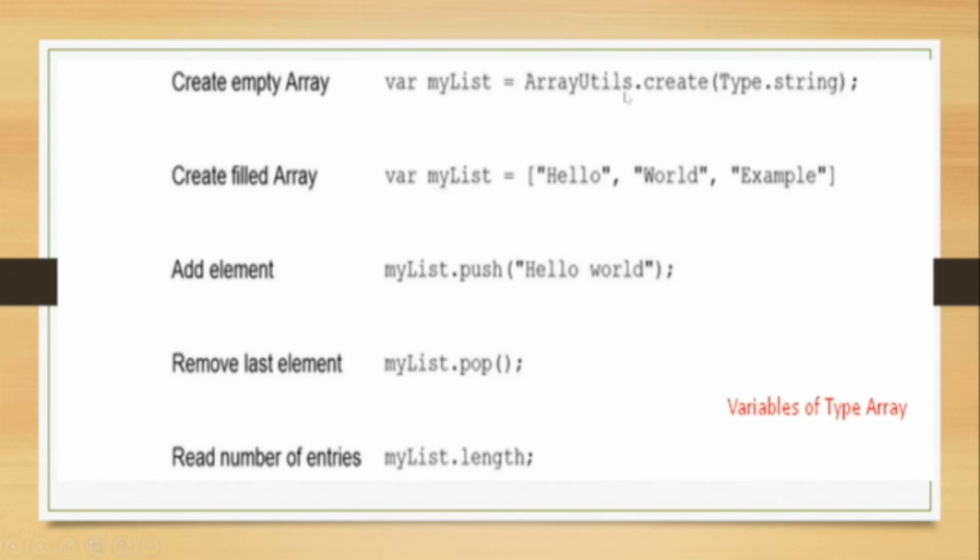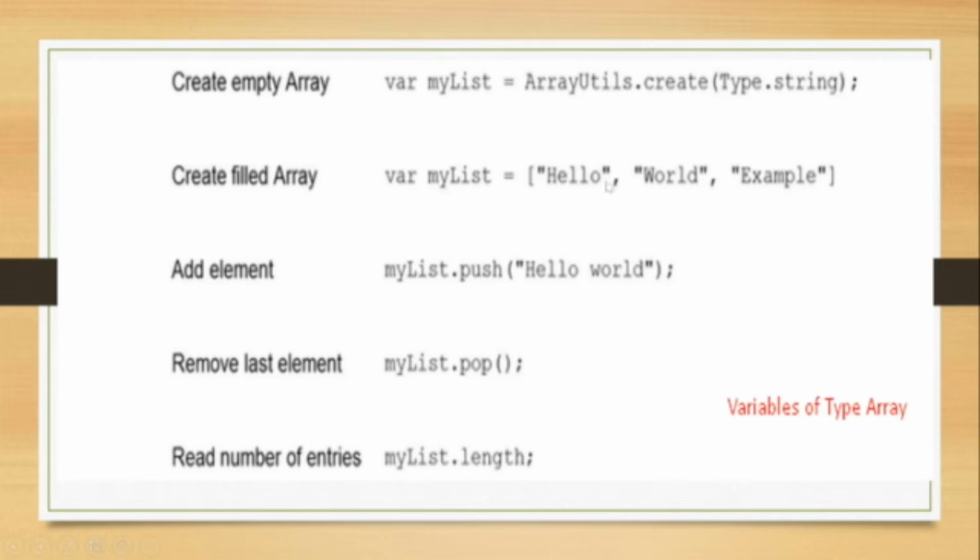If we want to fill our array with some values, we can use var myList is equal to, and then assign different members with respect to the scenario. Here in this example, hello, world and example have been added as a result of this statement, where myList is equal to hello, world, example.